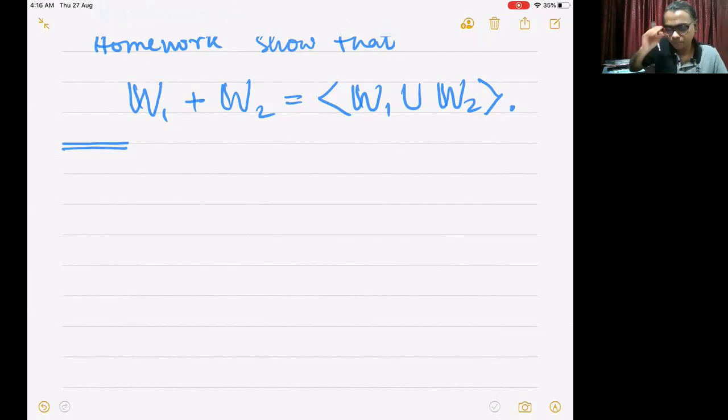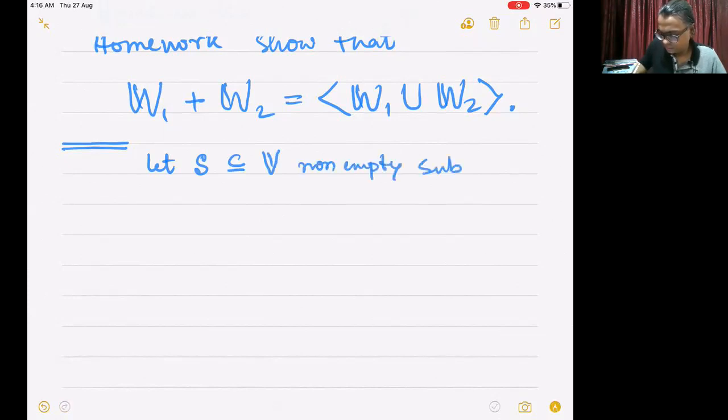Let me clarify. Suppose S is a non-empty subset. We have seen what we mean by span of S.